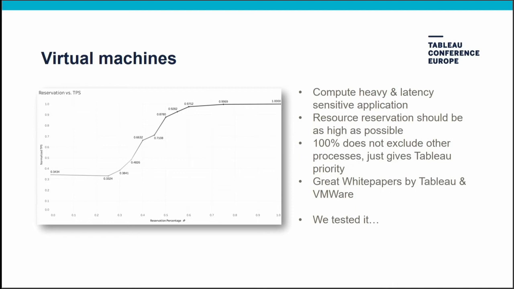We've got great white papers on that, delivered by Tableau and also by VMware on this topic, and they're all free and widely accessible. If you have any questions around this, we will take questions afterwards in regards to virtual machines and all these things.